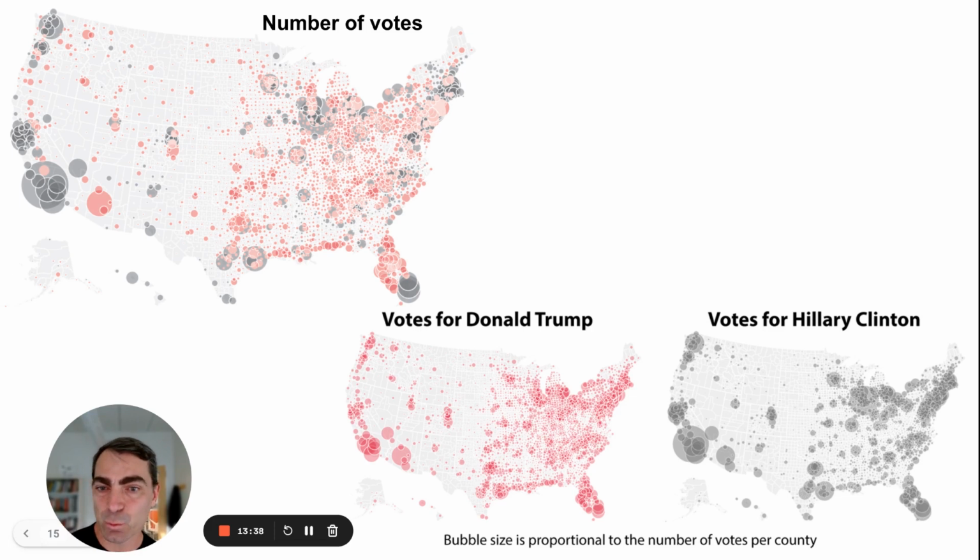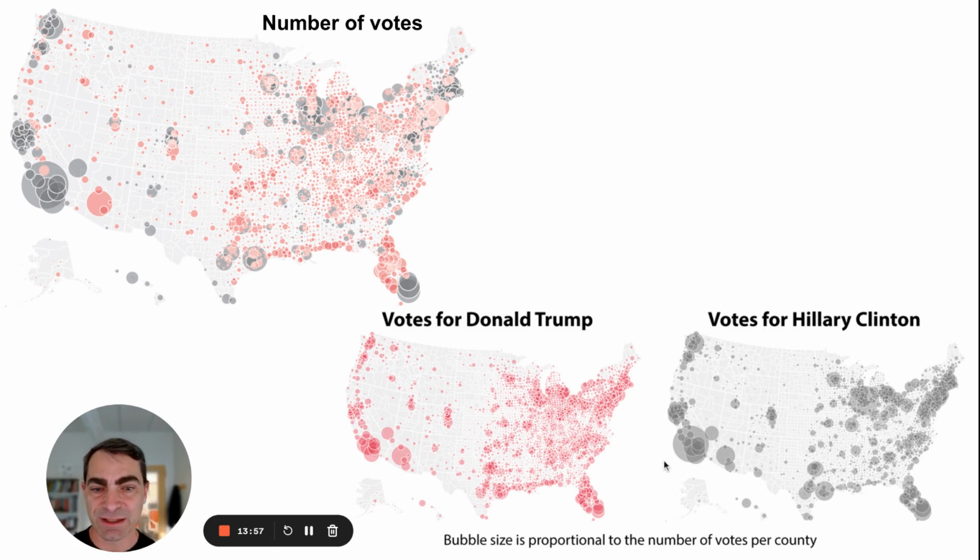So of course, where there are more people, there is a higher number of votes. So now here on the top left, you can see that the situation is different because there are areas with a lot of people, so a much higher number of votes. So it seems way more balanced now, right?